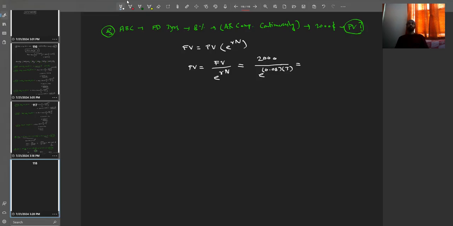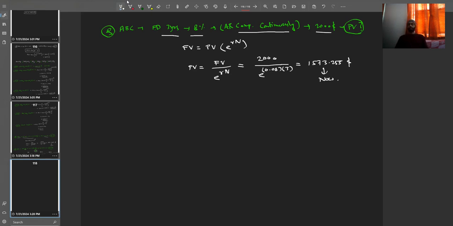This value divides 2000. 1573.255 approximately. So $1573.255 approximately we have to invest now to get $2,000 under this scheme, 3-year 8% compounded continuously. So this is the way we do the calculation, friends.